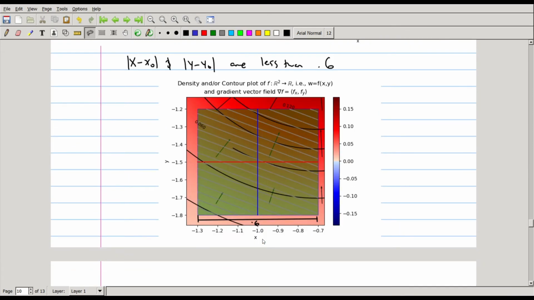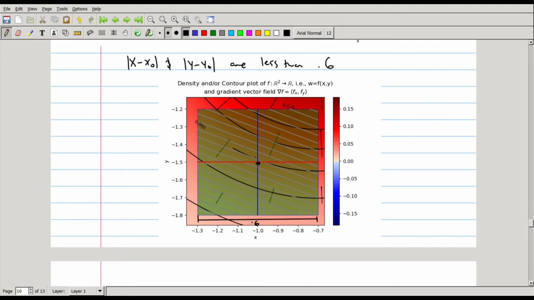So this is what this looks like, zoomed in. You see that as we stray far away from the point in our linearization region, the linearization becomes not such a good approximation of the function. The level curves of the linearization are straying very far away from the level curves of the actual function itself.